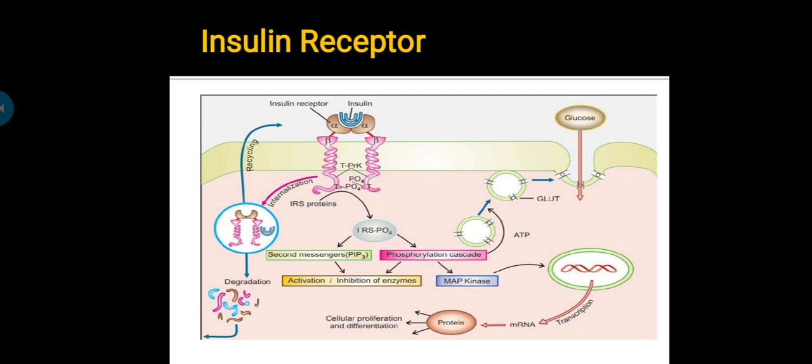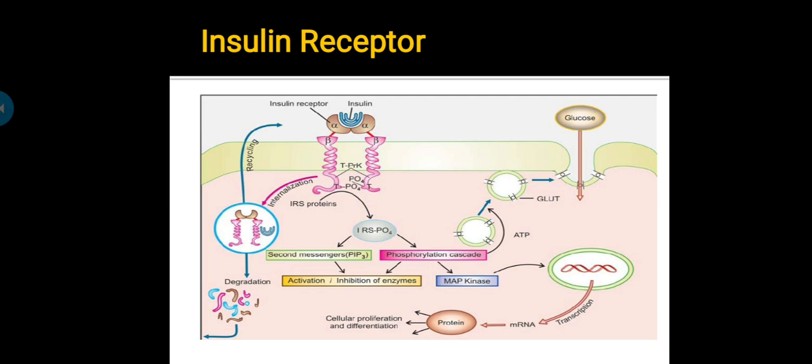Due to this MAP kinase activity there is more cellular proliferation and differentiation. As insulin is an anabolic hormone, it tends to store more glucose, proteins and fats in the cell. Also, due to the cellular proliferation effect, there is weight gain with insulin, and this is not due to direct receptor activation or enzyme inhibition, but mostly to MAP kinase stimulation.